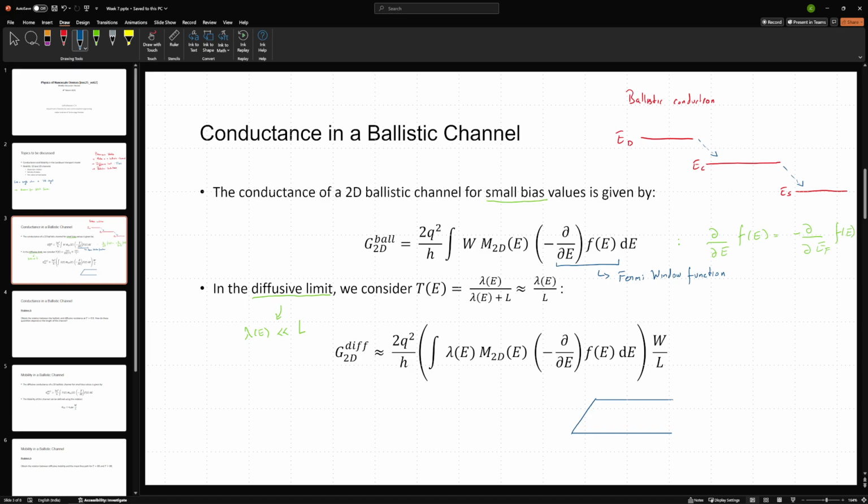If I have a 2D channel, what we need to remember is that the current that is flowing is no longer a volume current. The current that is flowing is a surface current. So K is a surface current.